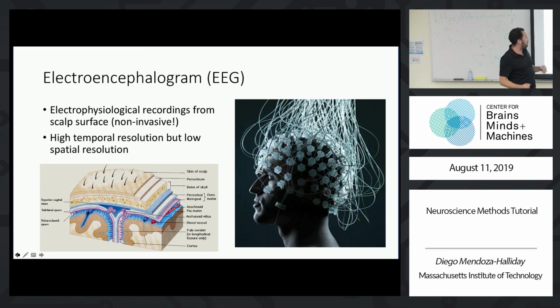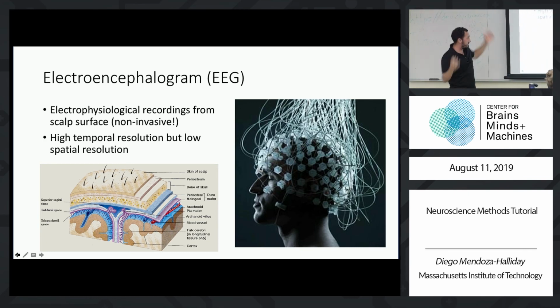So people put these electrodes over the scalp, and they can also see these kinds of fluctuations in the electrical potentials, and obviously these are very low resolution, so they gather basically the field potentials happening in a massive area around each of those electrodes.